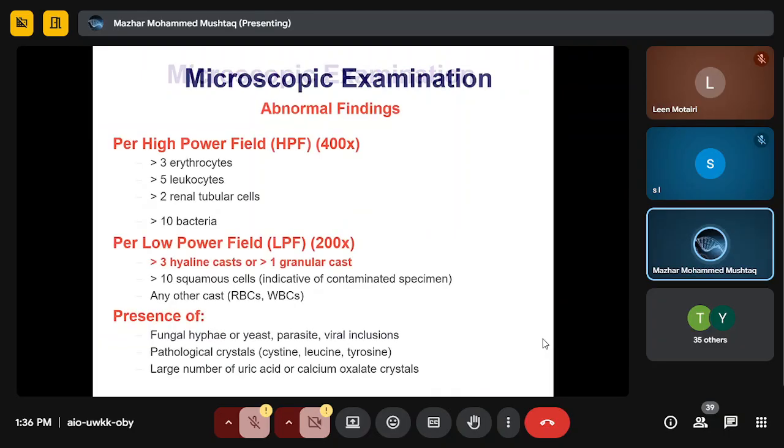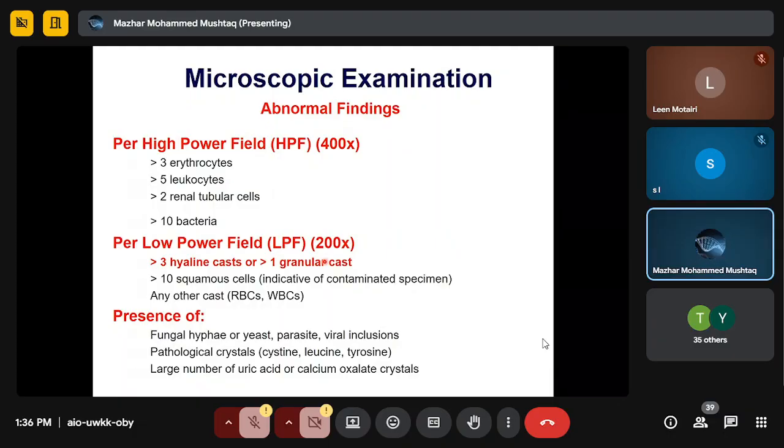Microscopic examination. What do we find out? First of all, we have to know HPF and LPF. HPF means high power field, that is 400 times. So something under the microscope is enlarged 400 times.